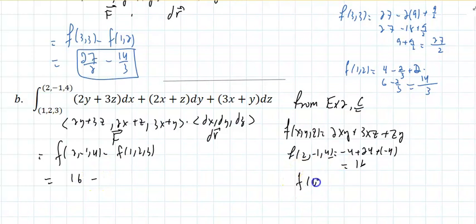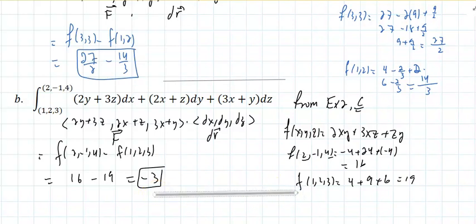And f of 1, 2, 3 would be 2 times 1 times 2, that's 4, plus 3 times 1 times 3, that's 9, plus 3 times 2, that's 6, that is 19. And there it is.